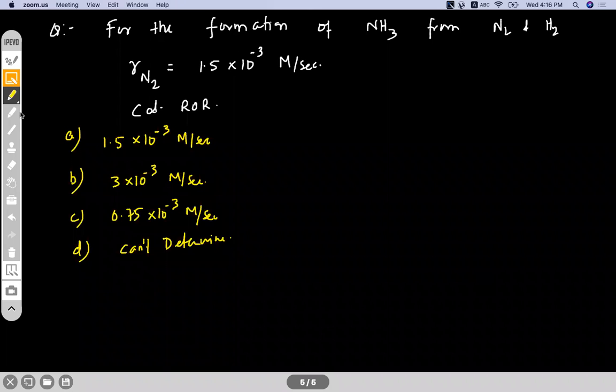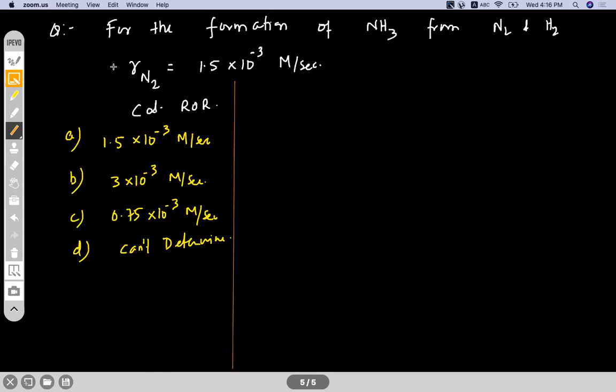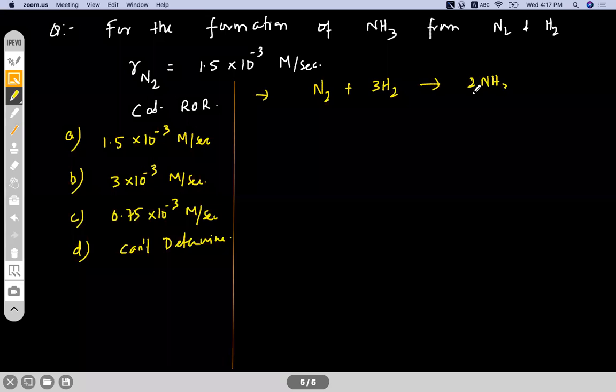Now you see, I'll solve this. This is a very good question. What is the reaction we should write here? N2 plus 3H2 gives 2NH3.